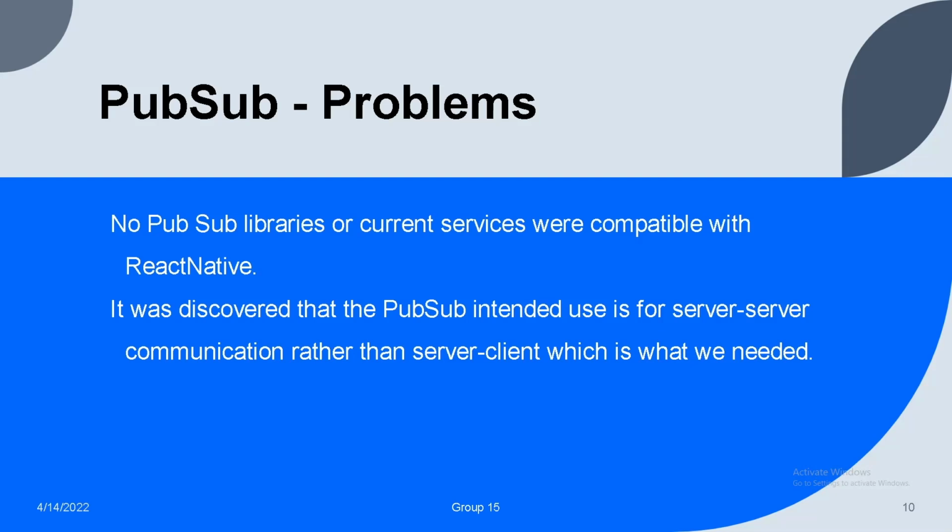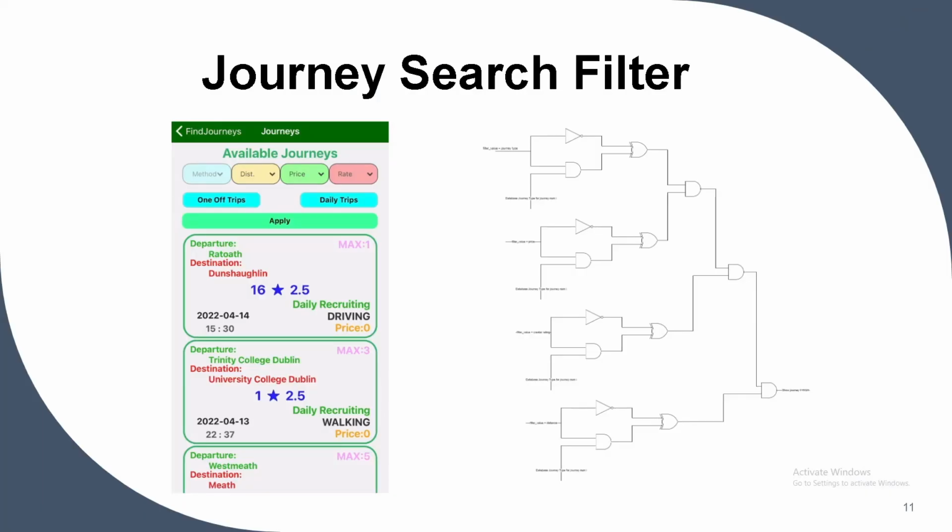We discovered this through research after a couple of weeks of attempting to implement it, thinking that it would work. PubSub services are usually used for server-to-server communication rather than server-to-client communication, which is what we wanted to do, so we ended up abandoning the idea eventually.